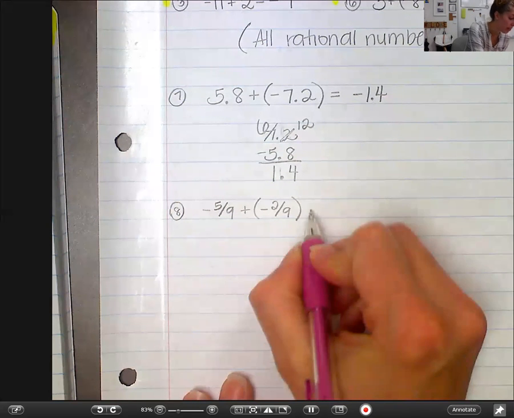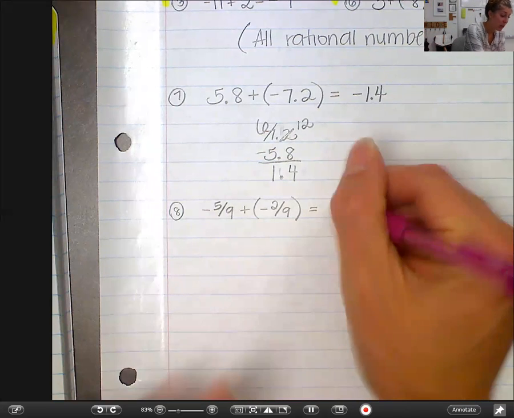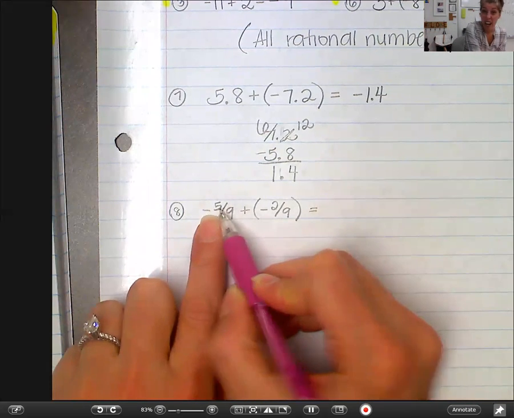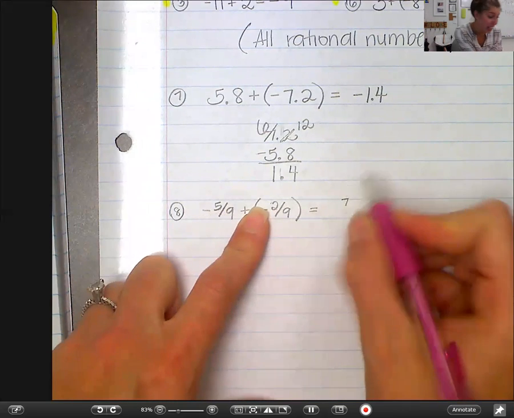All right, so I asked myself that question. Are the signs different? Yes or no? They have the same sign, right? They have the exact same sign. And what do we do when the signs are the same? Add the numbers, keep the sign. It's so much more fun when you guys say it with me. So I'm going to add the numbers, 5 and 2. I'm going to keep the sign, negative.